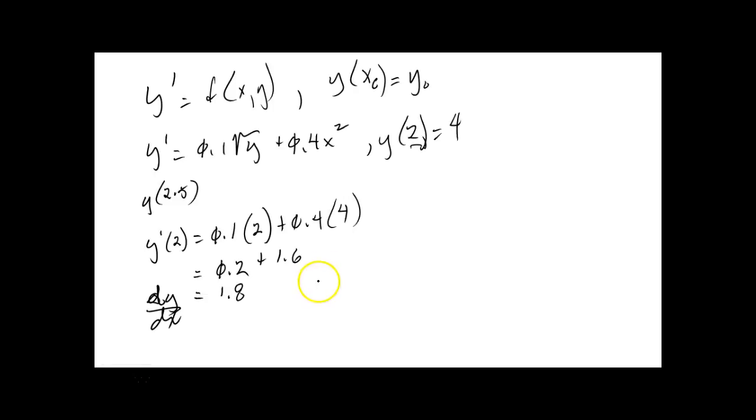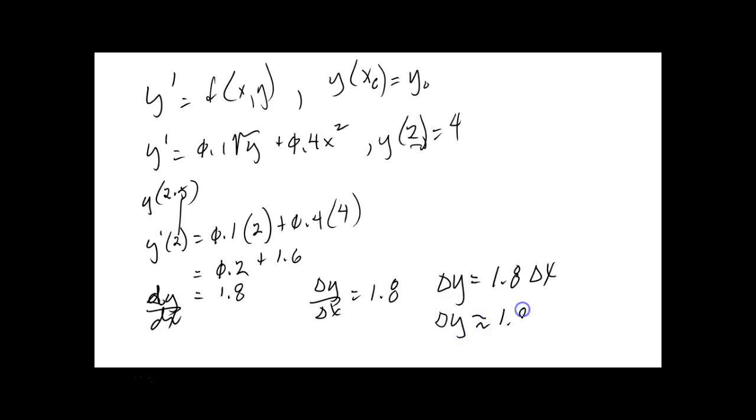You could change that to be change of y over change of x is about 1.8. At that point, it's exactly that, right? So now we'll do a change of y is equal to 1.8 times the change of x. By that, write it in differential form, so to speak, right? But what's your change of x? From 2 to 2.5, that is change of y is approximately 1.8 times 0.5, because that's the difference in your x's here, right?